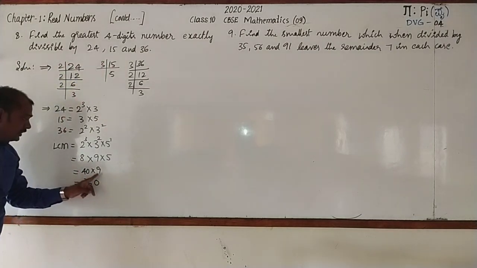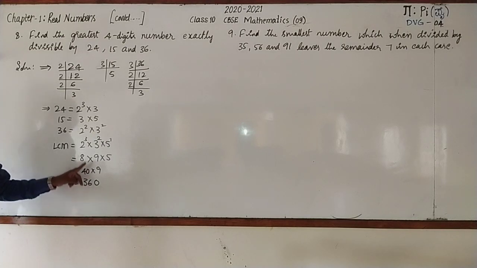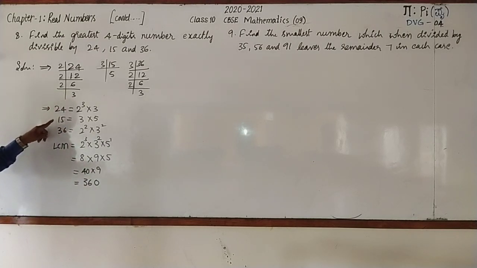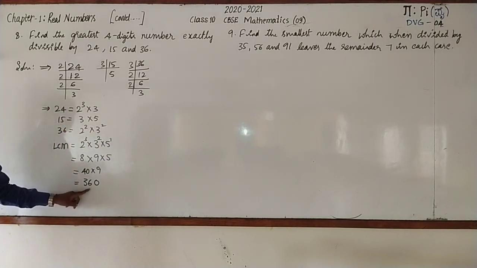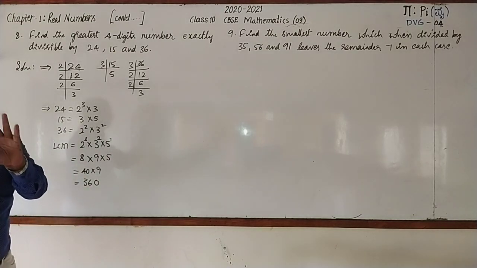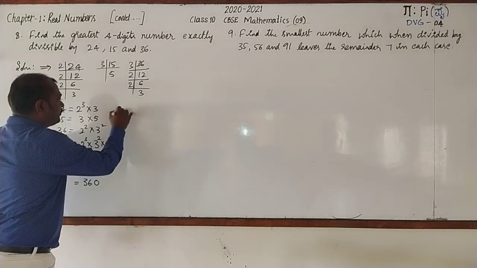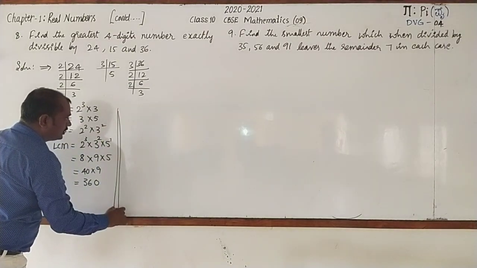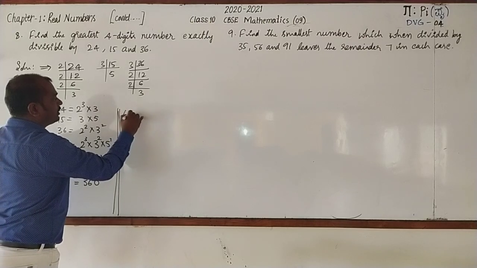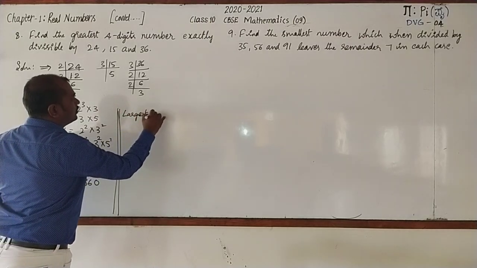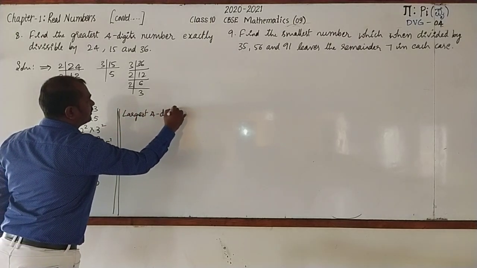No. This is the number divisible by 24, 15 and 36, but this is a 3-digit number. We want a 4-digit number. How do you go about finding the 4-digit number? So, the largest 4-digit number.